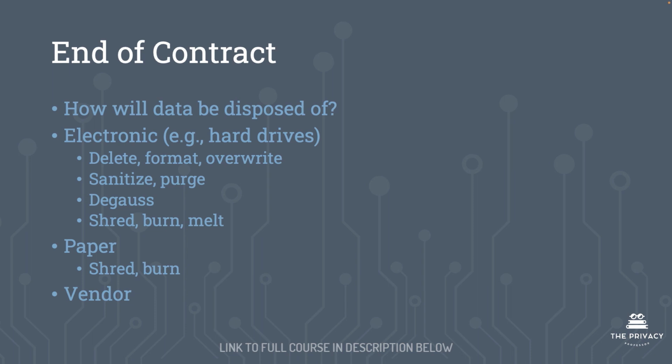A few different ways that we can destroy electronic data include deleting, formatting, and overwriting. These are the least safe. In a lot of situations, when you delete or format or overwrite data, that original data is still accessible. And so in most cases, deleting, formatting, and overwriting are insufficient.